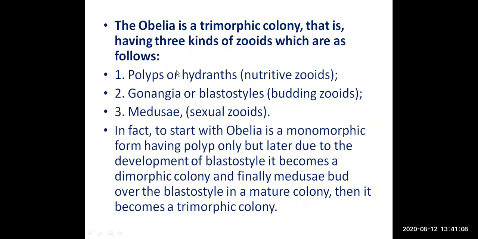So in Obelia, to start with, the colony is monomorphic, having only polyps, but later, due to the developed blastostyles, it becomes a dimorphic colony. Finally, the medusa is produced. Blastostyle and mature colony.